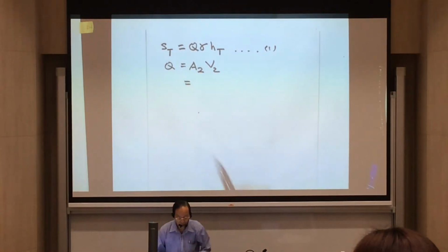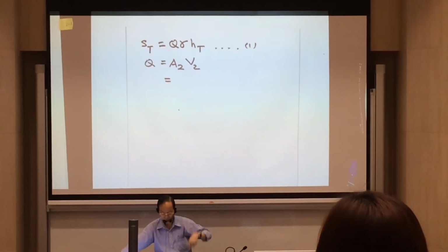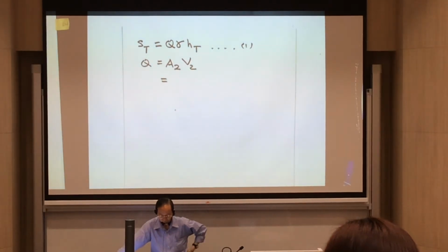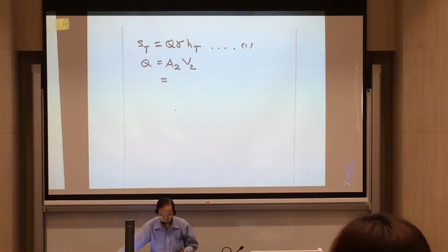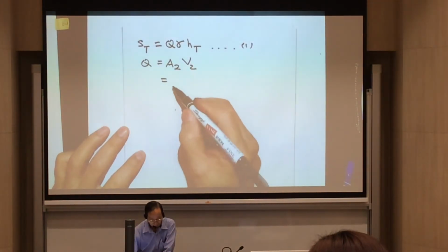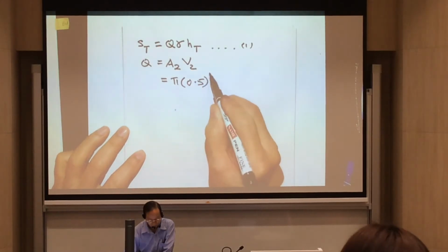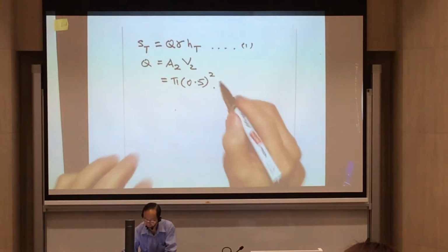So what's the area? We are given the cross-section is circular, so it's pi r squared. On the diagram, we are given the diameter is 1 meter. So pi, radius is 0.5 meters, r squared, and velocity is 8 meters per second.